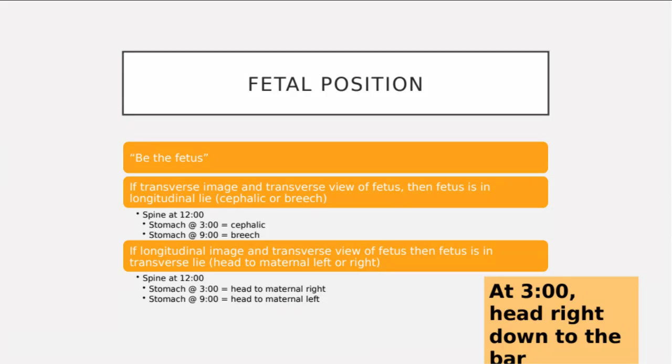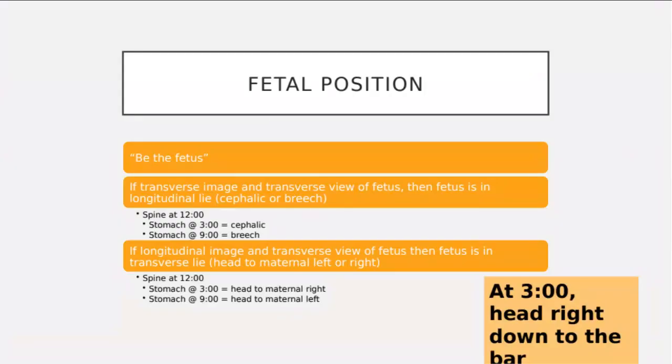So if you have a transverse image of the baby's abdomen and you are in a sagittal transducer position, the goal with this is you always want transverse baby abdomen. Now, how do you get transverse baby abdomen? Is your probe sag or is your probe transverse? That's going to indicate what category we're falling into.